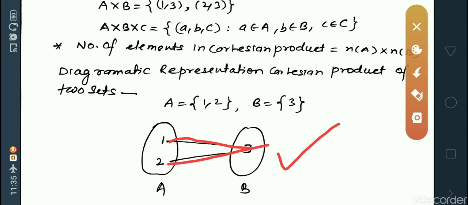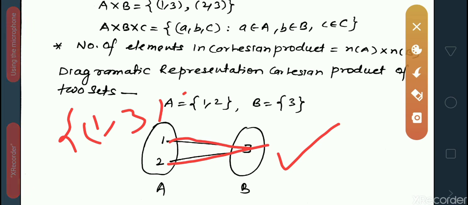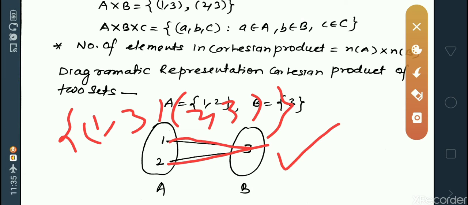So we can write it (1, 3) and (2, 3). This is Cartesian product of A cross B. I think you understood this.